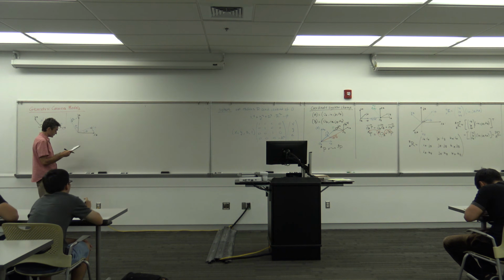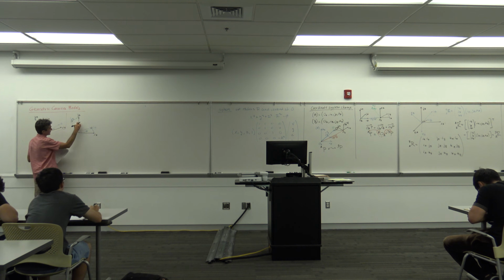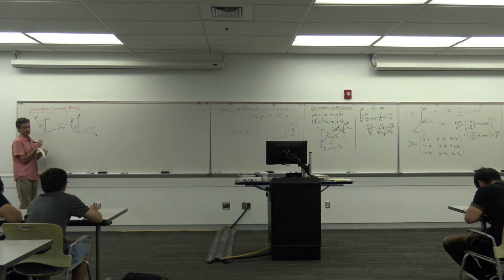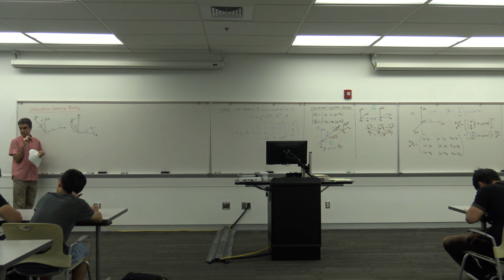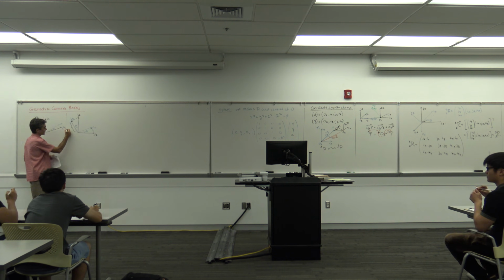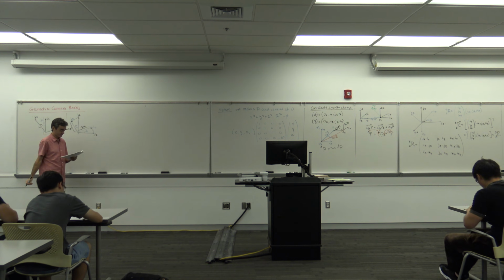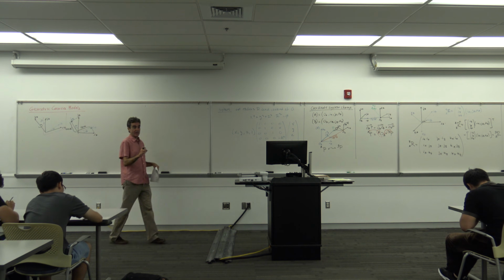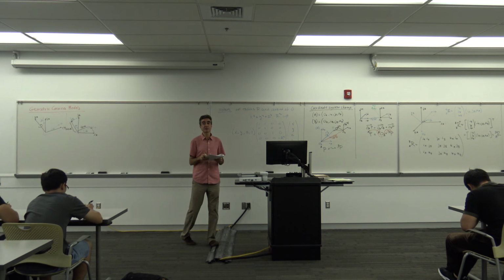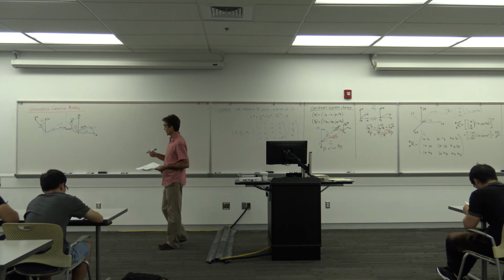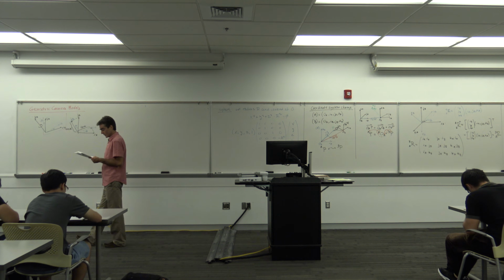Now, in that case, this vector will become this vector here, and this is going to be given by what? I forget. What is this? The cosine of the angle. Very good. And this one here, the cosine of the angle. So JA projected onto JB is the cosine of the angle, and so is IA projected onto IB.